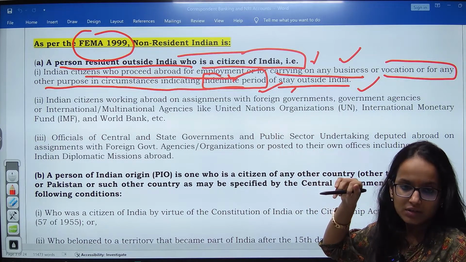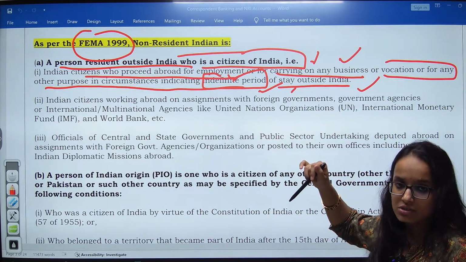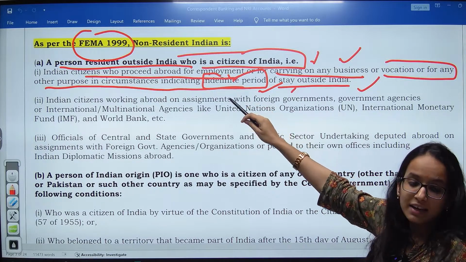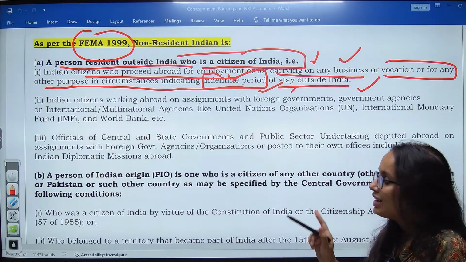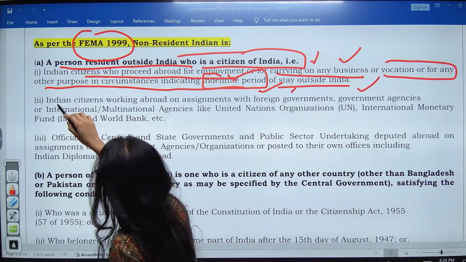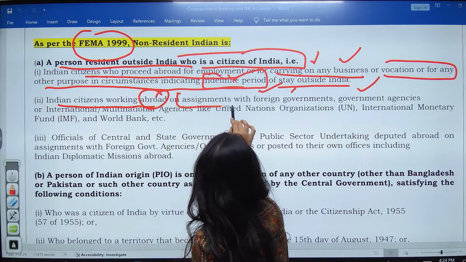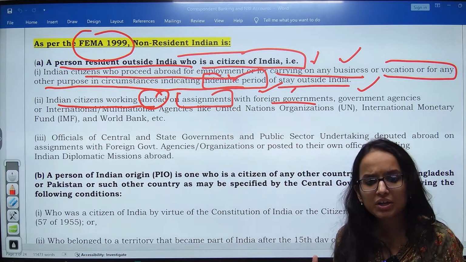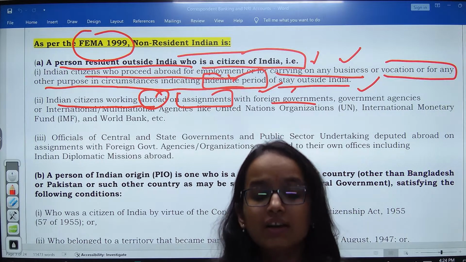That person, on the basis of this, residing outside of India but is a citizen of India, will be called an NRI as per the FEMA 1999. Is this clear? Second thing, Indian citizens working abroad on assignments with foreign government. So you know that many of us go for assignments on behalf of our governments, right?